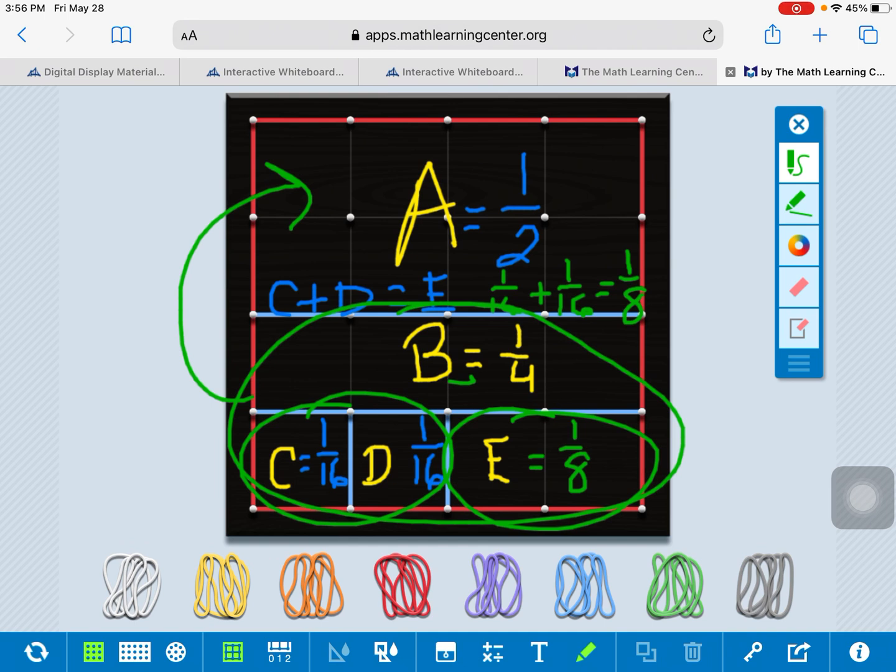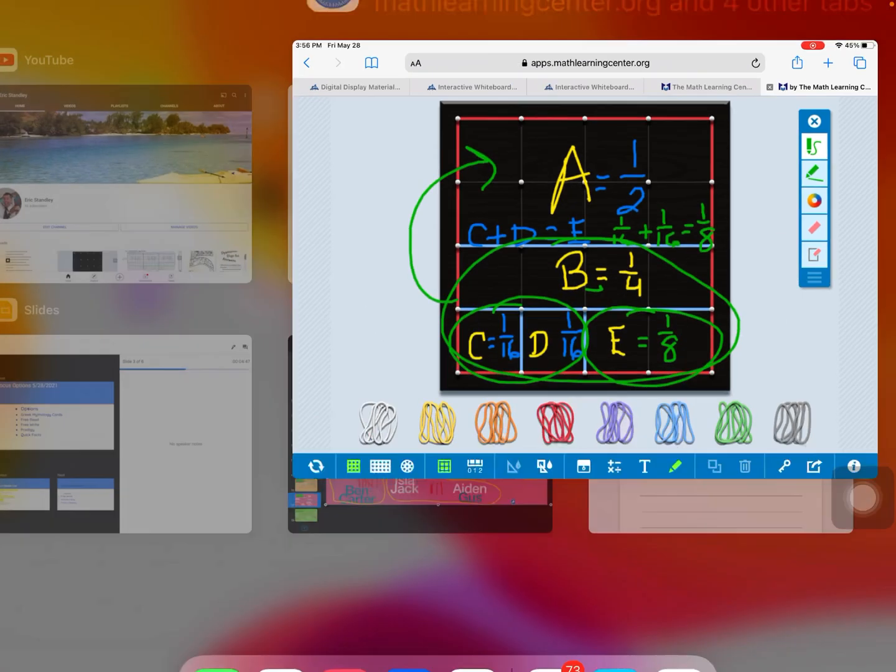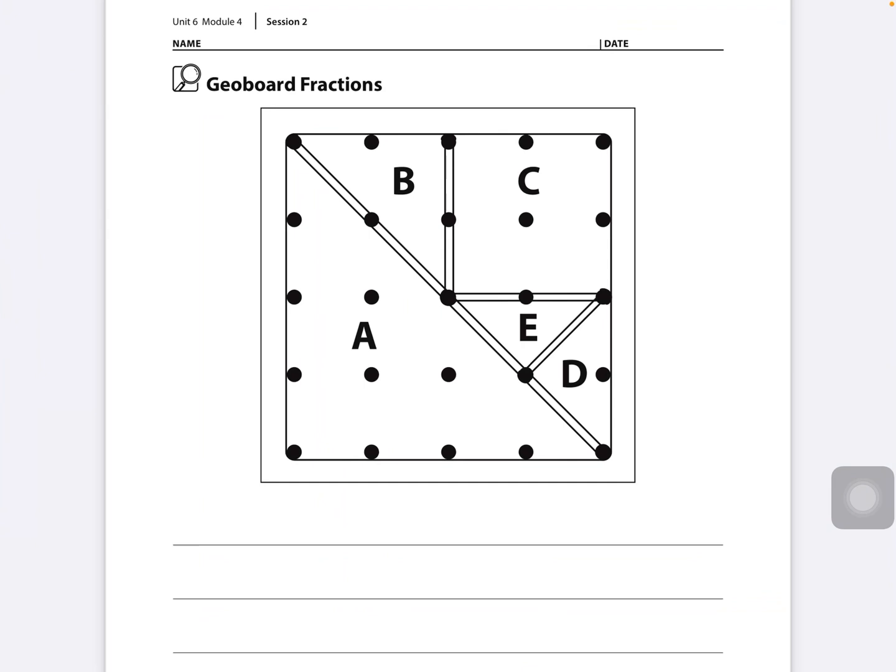So now we're going to take a look at a new challenge. The challenge is going to be from a workbook page that I've posted in today's assignment, and that is page 216. And I think I have it right here for us.